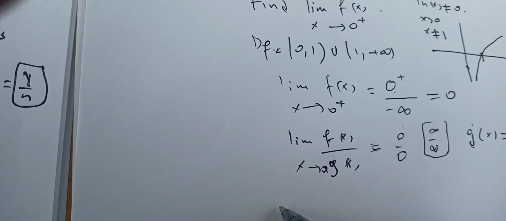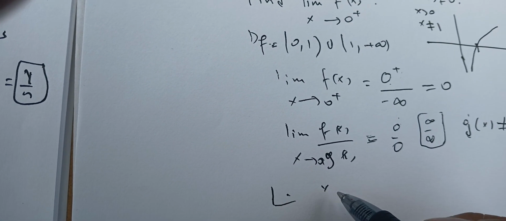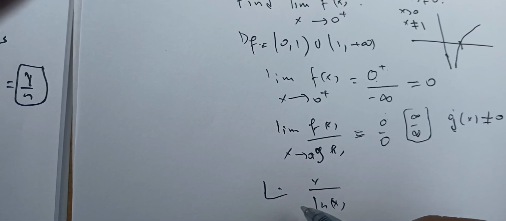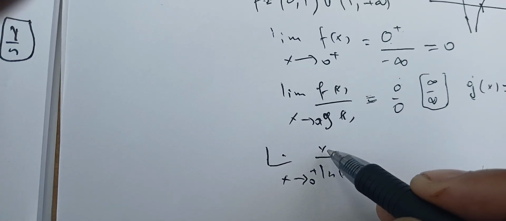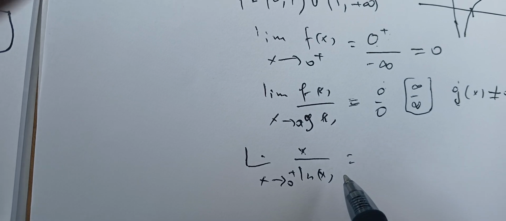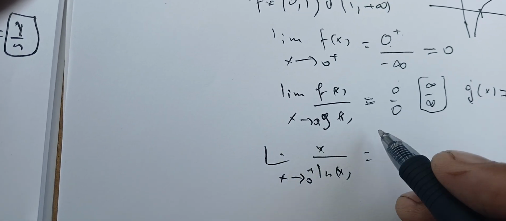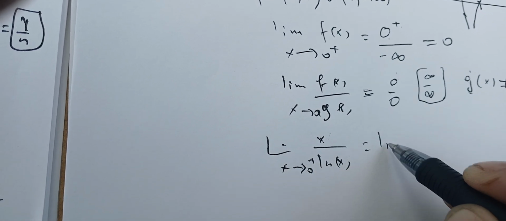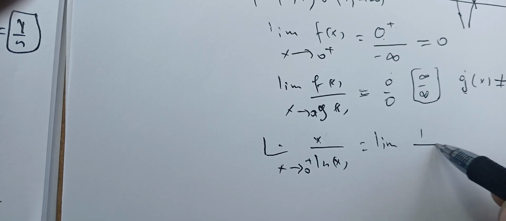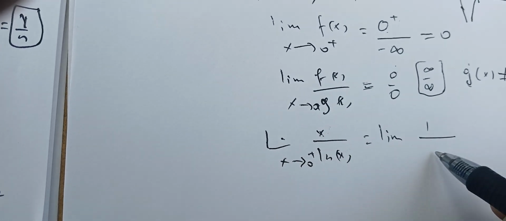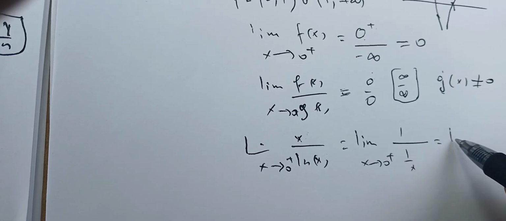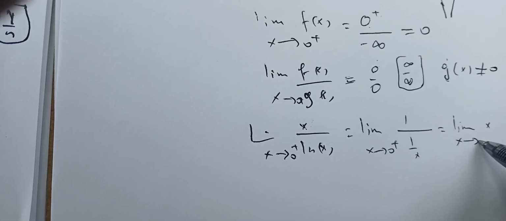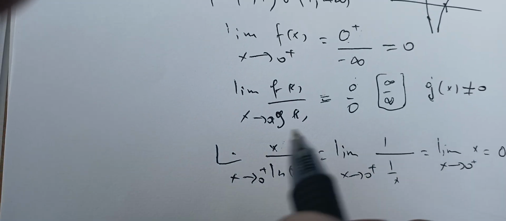But if we do use L'Hopital's rule, let's see what we get. Take the limit of x over ln of x as x goes to 0 plus. Say we didn't pay attention to these conditions. The derivative of the numerator is 1, and the derivative of the denominator is 1 over x, so we get the limit of x as x goes to 0 plus, and that's 0.